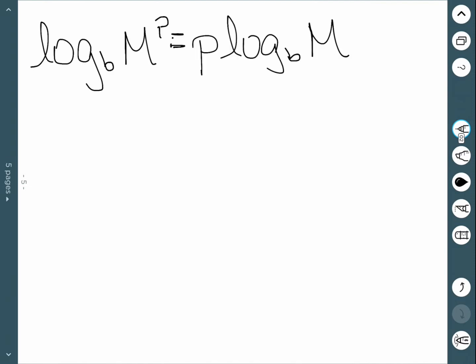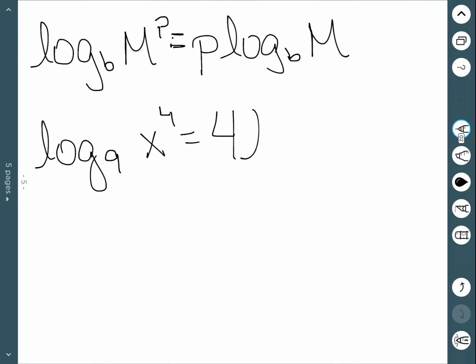Our final property is going to be like raising a power to a power. And essentially it says if I have this exponent inside of a logarithm, I can just move it out front. As an example, log base 9 of x to the 4th would be the same thing as 4 log base 9 of x.